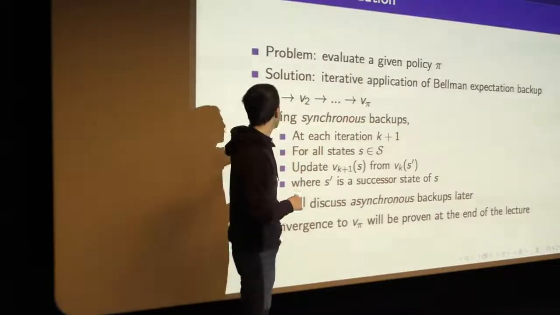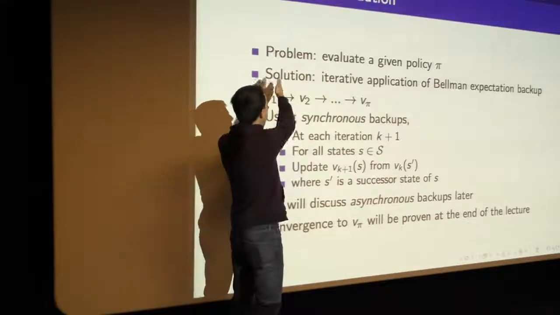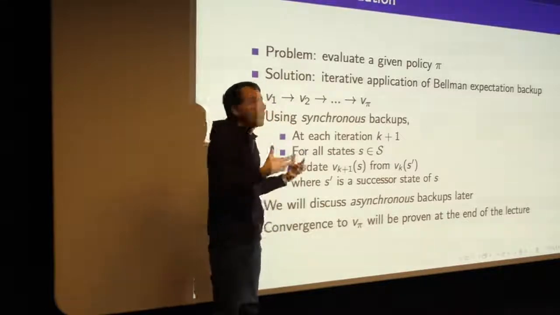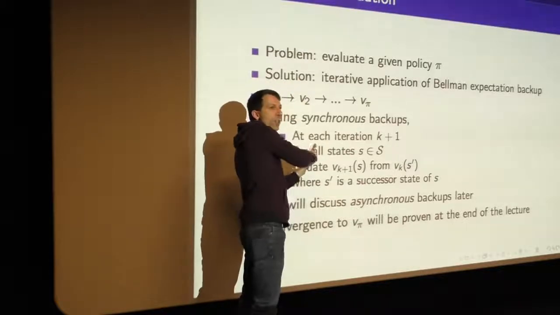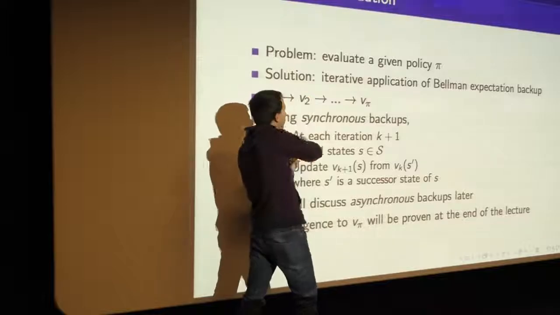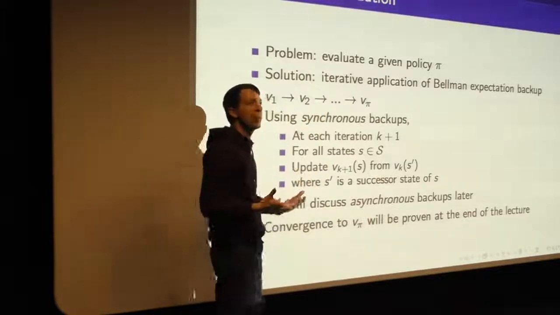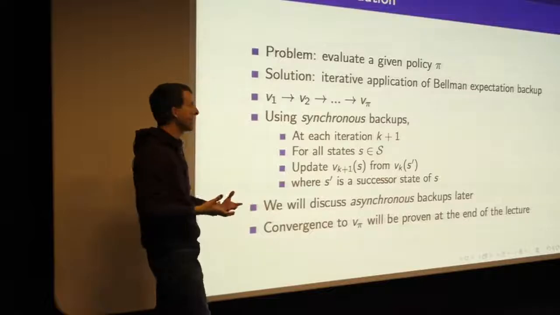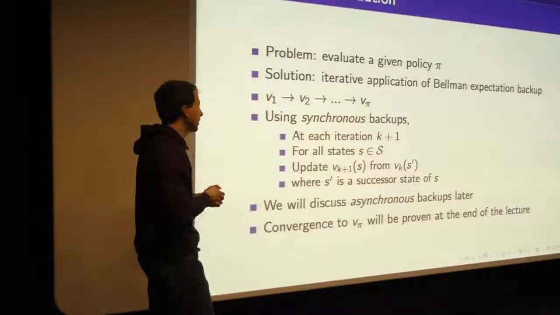We start off with our previous value function, and we apply our iterative update to every single state in this value function to produce a complete new value function for all states. That's called synchronous evaluation. We consider all states at every step. And we'll consider asynchronous backups later, which can be more effective. But this is the simplest case.